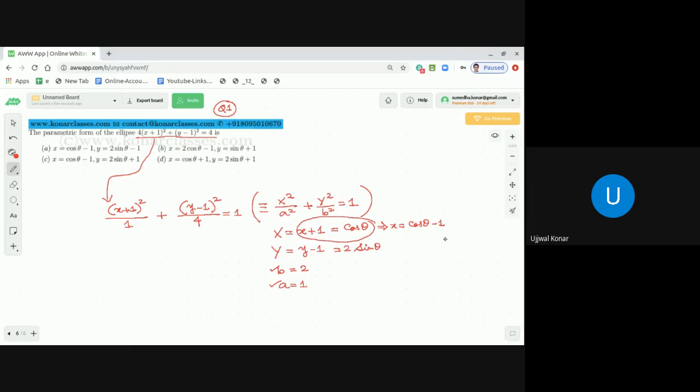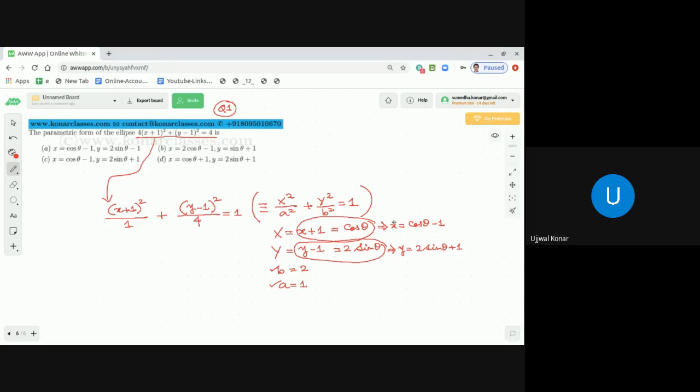Now, which one of these two is correct? For that, we need to find the value of y from y - 1 equal to 2 sin theta. From here, the value of y we get is 2 sin theta plus 1.